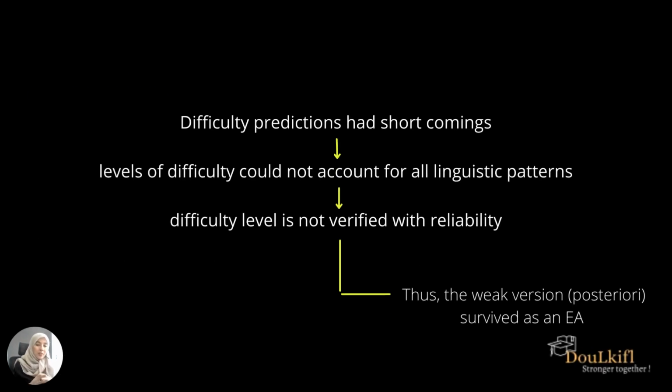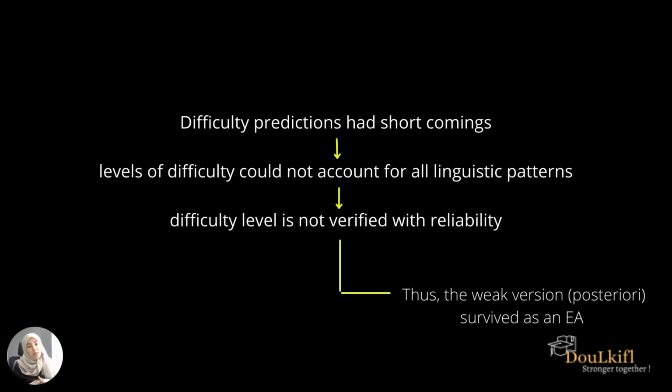We can already say that these predictions had shortcomings. The levels of difficulty that we've seen just now could not account for all linguistic patterns. So whenever you try to find errors and then to predict errors, you find yourself like you cannot use these models of hierarchy because they could not account for all linguistic patterns.